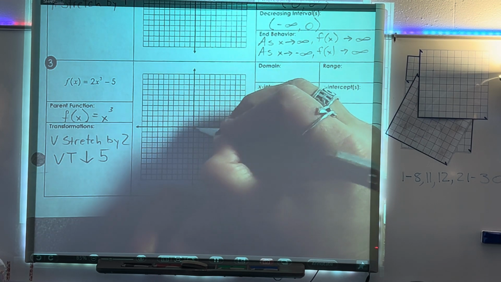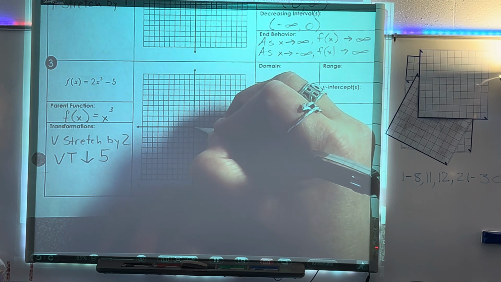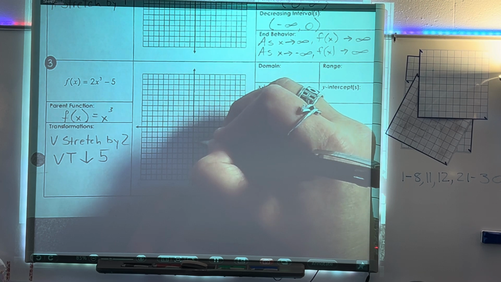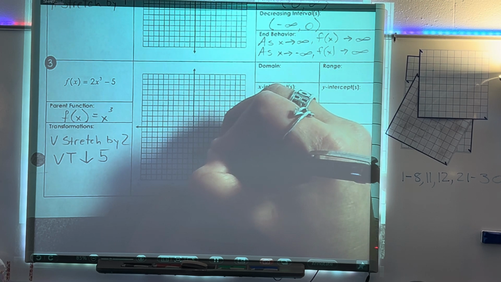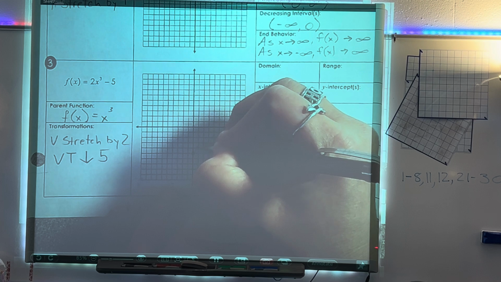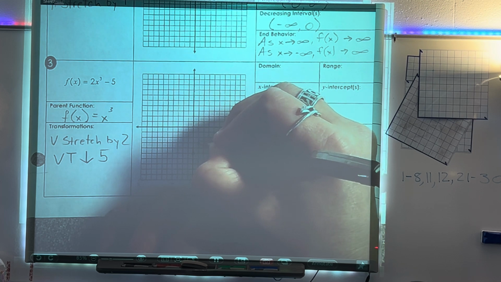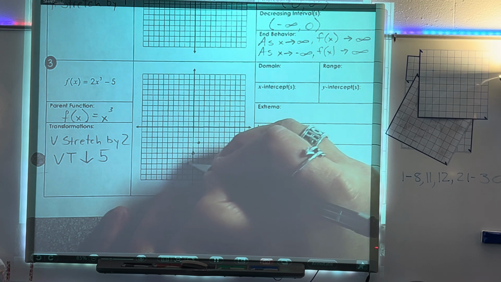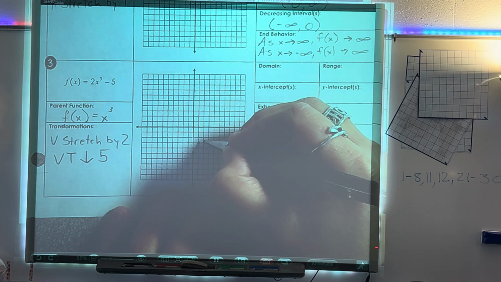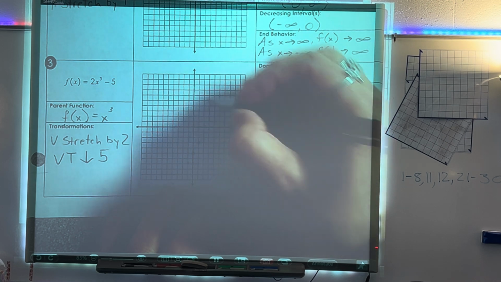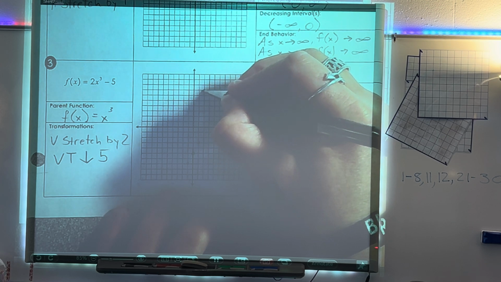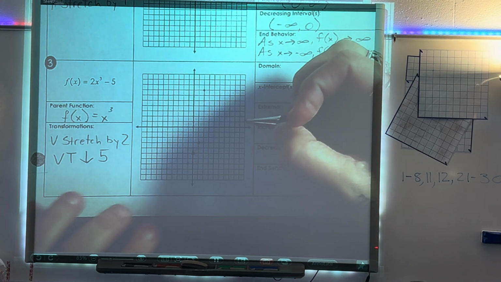So x cubed at 0, and then 1 is going to be negative 3, which means negative 1 is going to be right here. 2 cubed is 8, times 2 is 16, minus 5 would be 11. 2, 3, 4, 5, 6, 7. The other one's not going to fit. That's all that's going to fit on there.